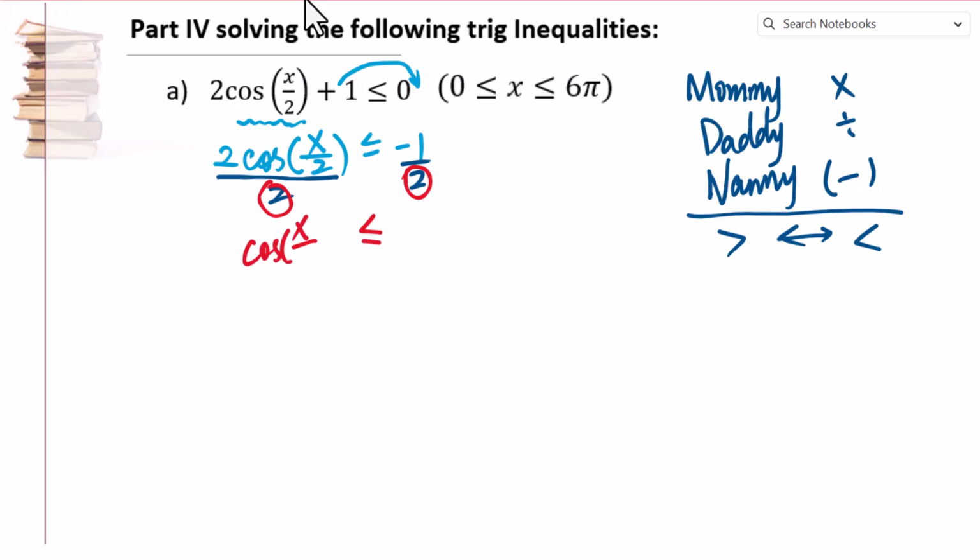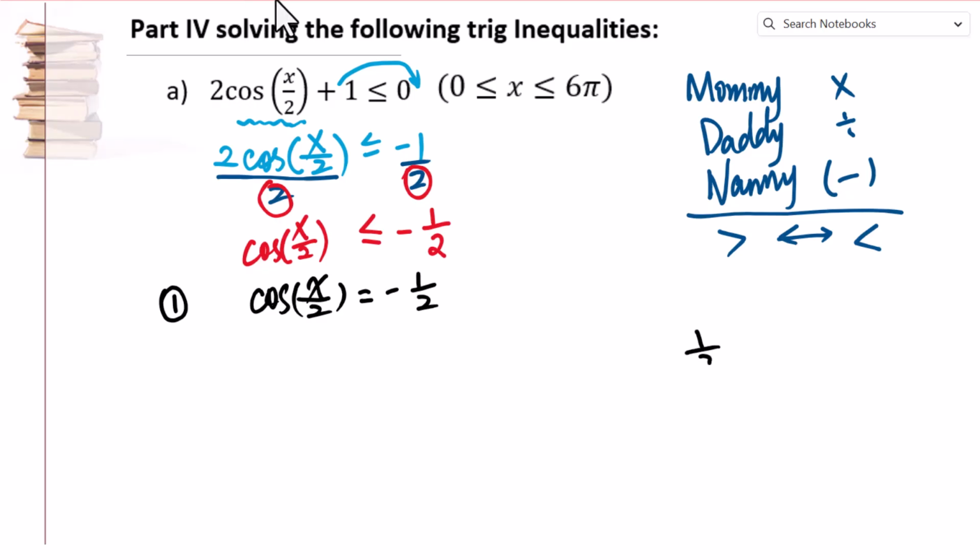So we got cosine x over 2 less than or equal to -1/2. After this, the next step will be solving the equation cosine x over 2 equals -1/2.